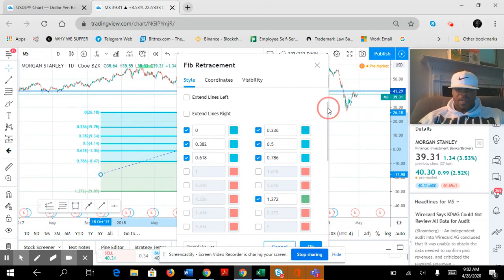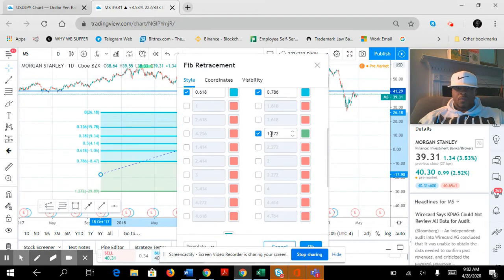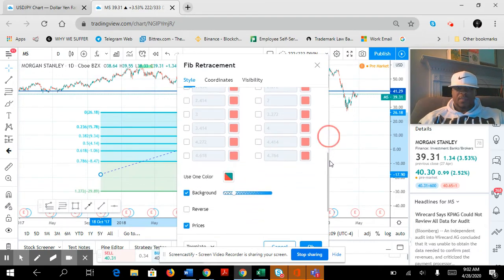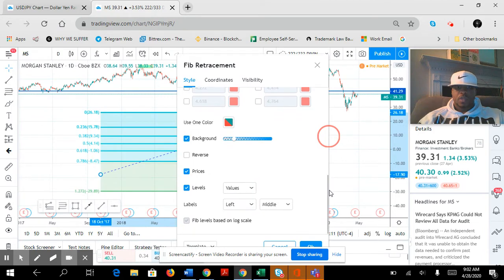You can also check, if you want to, the 1.272 as well, and that's it. Change your background however you want. Check that they have the prices and the levels. Make sure those are checked. Make sure everything looks like this, and then you just go down there and hit OK.